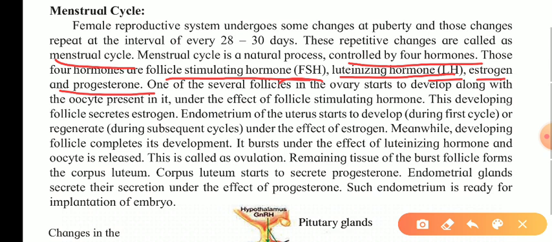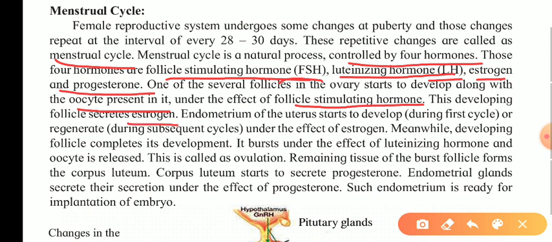One of the several follicles in the ovaries starts to develop along with the oocyte present in it, which we have already discussed in a previous part. Under the effect of follicle stimulating hormone, this follicle develops along with the oocyte. This developing follicle secretes estrogen.